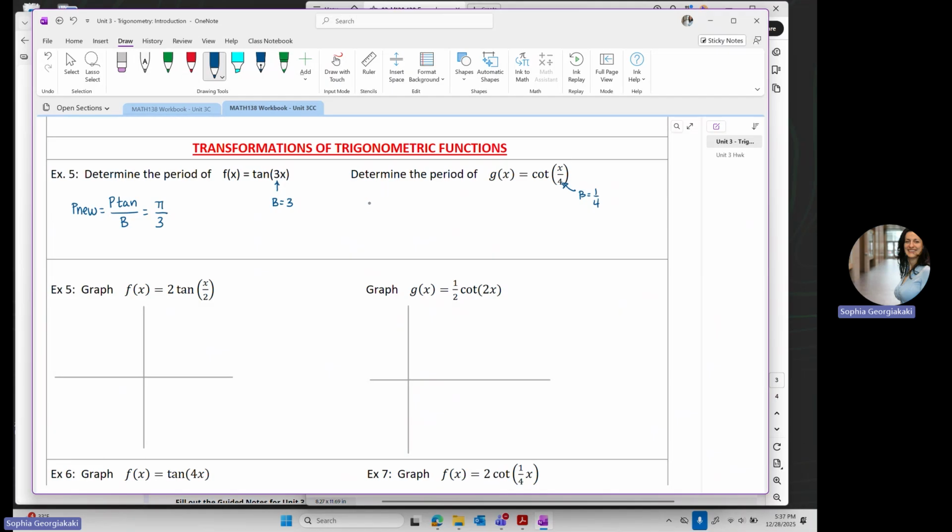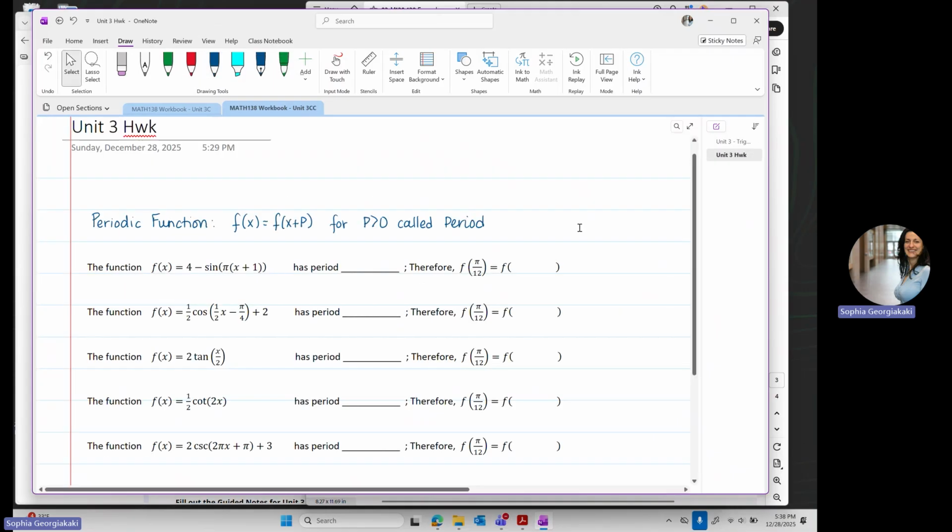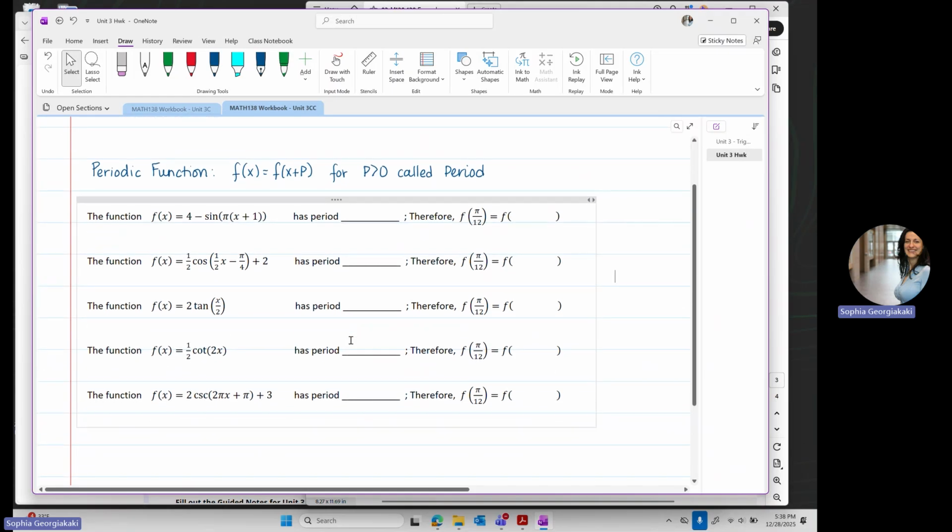So the new period will be the period of the cotangent divided by 1/4. When you divide by a quarter, you multiply by the reciprocal. So pi divided by 1/4 will be 4 pi. This gives rise to some very nice test and exam questions, and we want to solve a few of them.